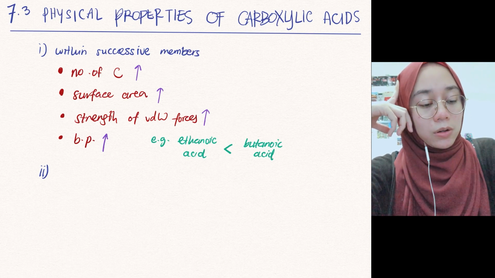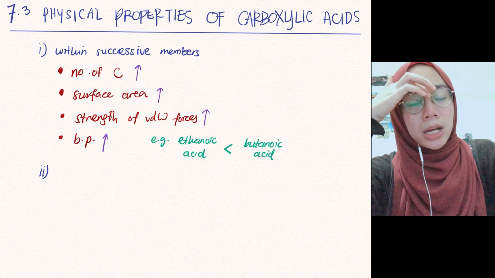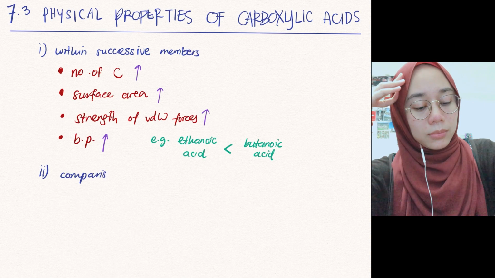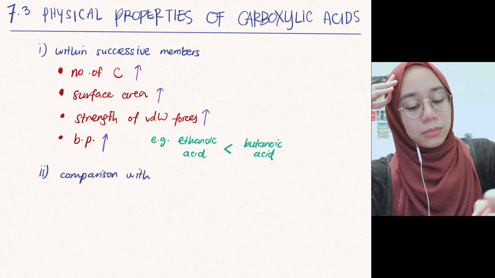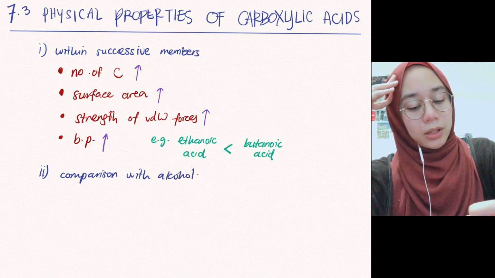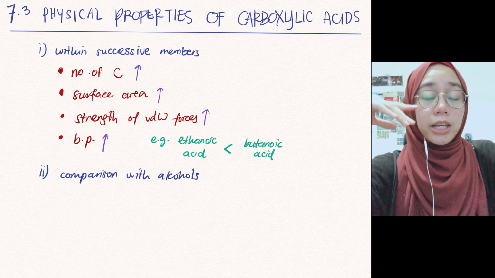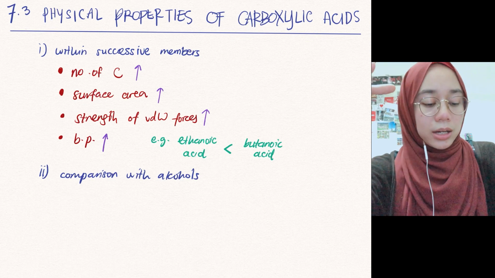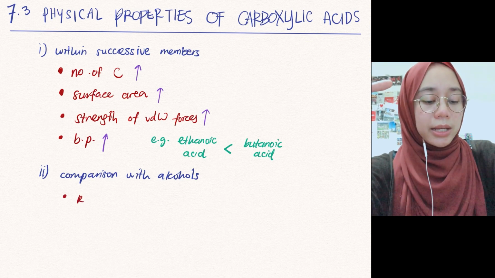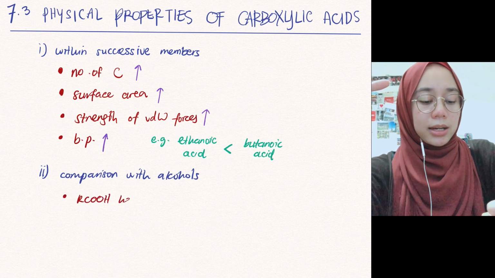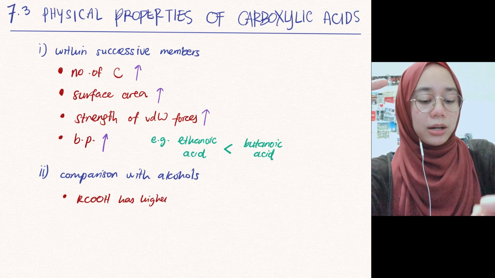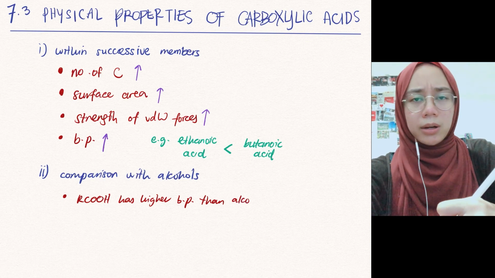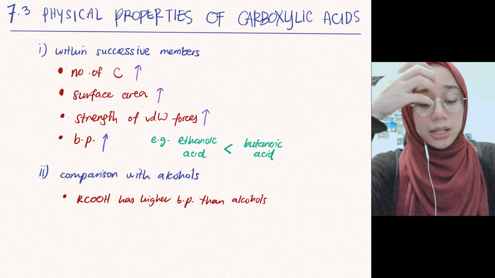Okay, so second one pula yang kita tengok tadi adalah comparison with alcohol. Okay, so kalau comparison of alcohol ni, apa yang kamu kena ingat adalah memang carboxylic acid has higher boiling point than alcohol lah. Okay, memang tak ada reason lain pun nak cakap kat sini.